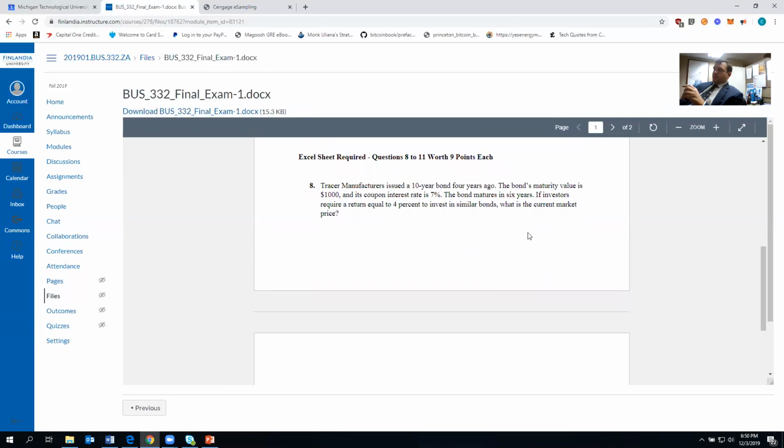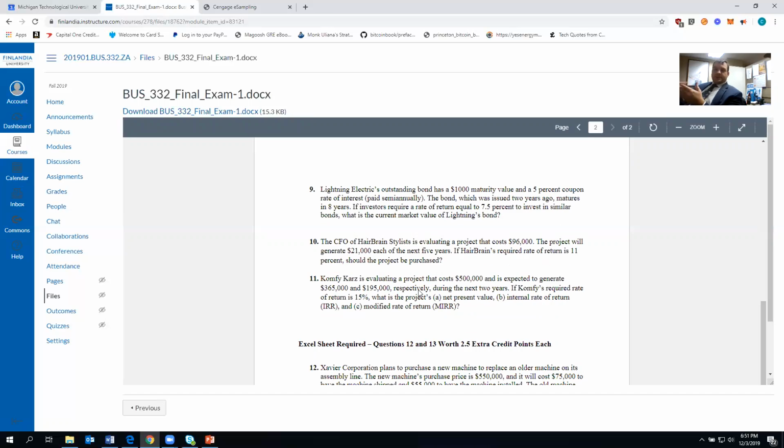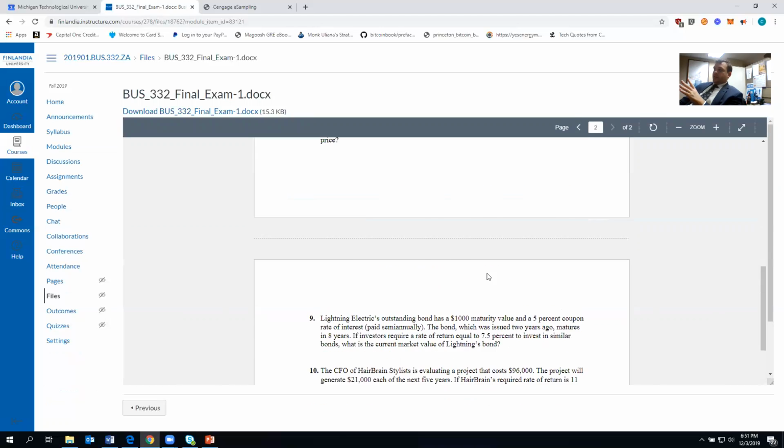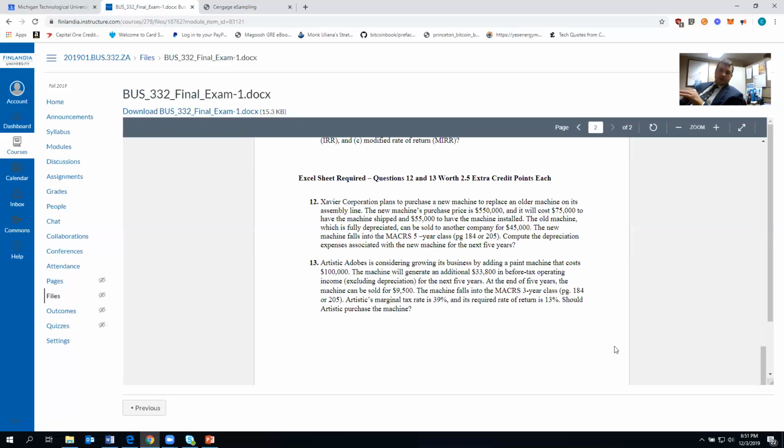Then questions 8, 9, 10, and 11 are going to be Excel spreadsheet questions, and you can watch the videos from chapter 6, chapter 7, and chapter 9 to see how to do these. I'm going to require an Excel spreadsheet for those. The last 2 questions are extra credit worth 2.5 points apiece, and they cover what we went over tonight.